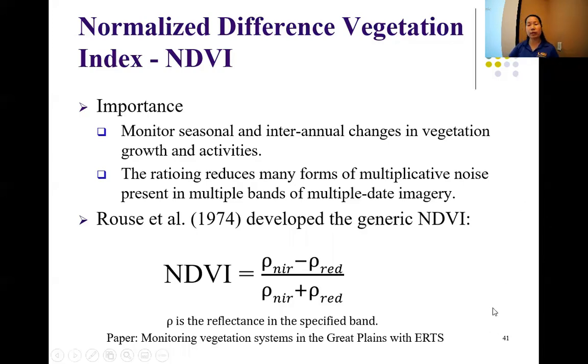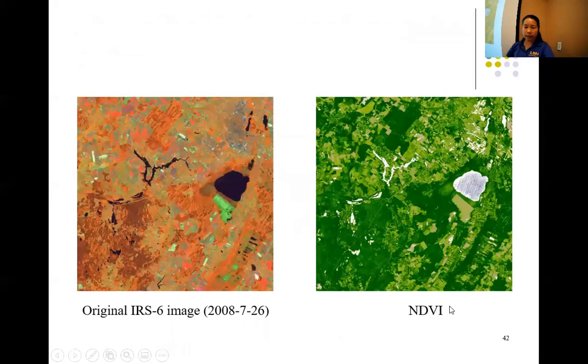Again, the rho here refers to the reflectance in the spectral band, which means that you need to convert that back into the reflectance value between 0 and 1. This is an example showing the NDVI result of the same image over here. The green color illustrates those areas with vegetation.